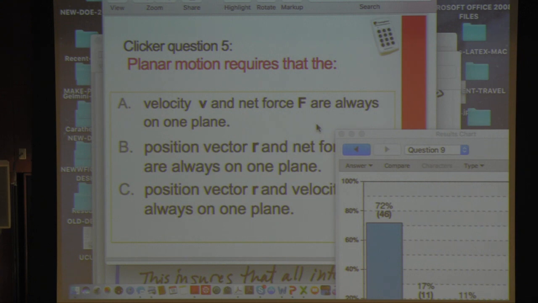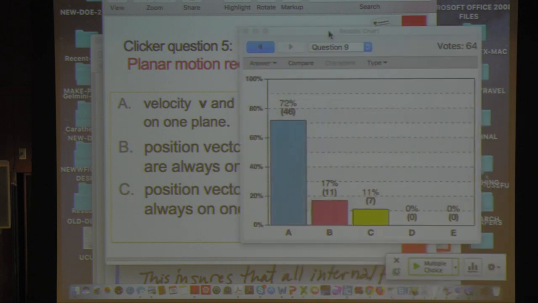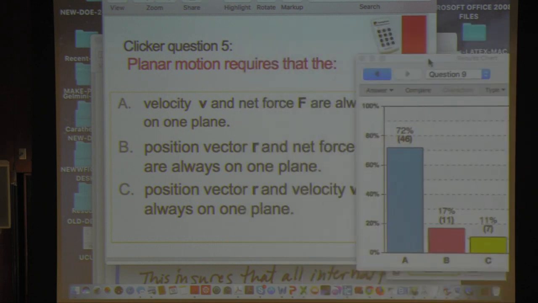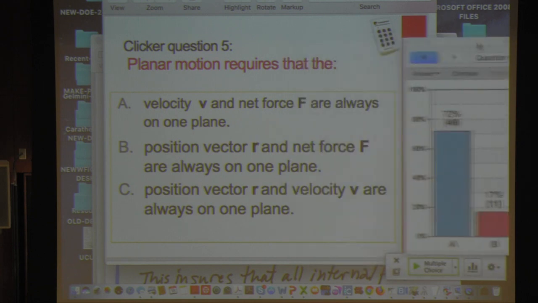This is the only change. Somebody preferred the position vector. Remember that the position vector depends on your origin of coordinates. It's arbitrary to some extent. The velocity and the acceleration do not depend on the origin of coordinates. So the motion is planar given the velocity and the acceleration.